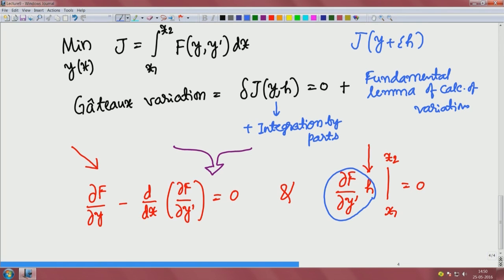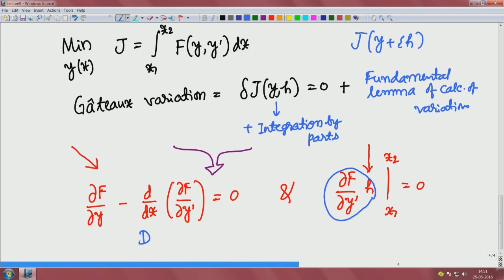If y is not specified, then we say dou f by dou y prime should be equal to 0 there. That is how we get the boundary condition: either y is specified, or if y is not specified, something else should be equal to 0, that is dou f by dou y prime. So, this leads to two kinds of boundary conditions.